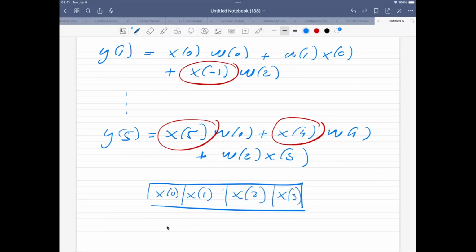These are the coefficients for a polynomial of degree 3. But what we could do now is simply to increase this dimensionality here so that we have an x of 4, and then we have an x of 5, and then we could now simply add to the end here an x minus 2 and an x minus 1.